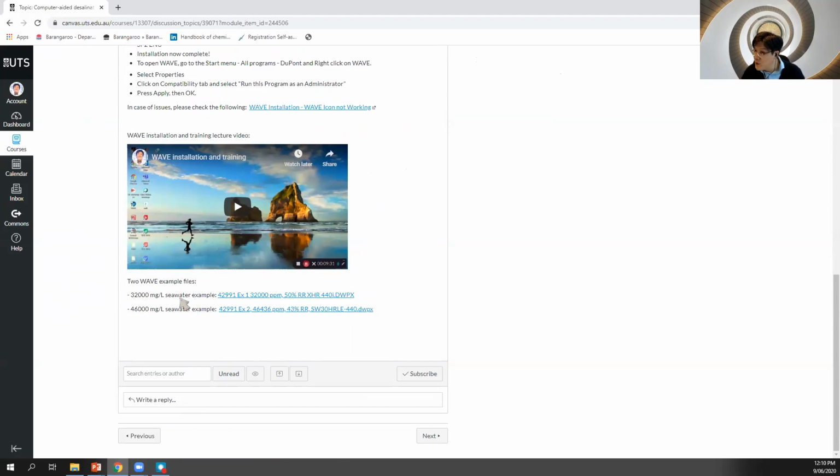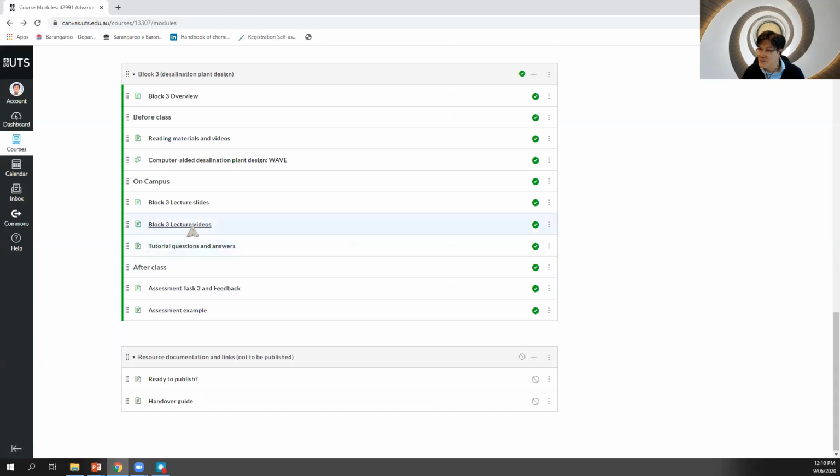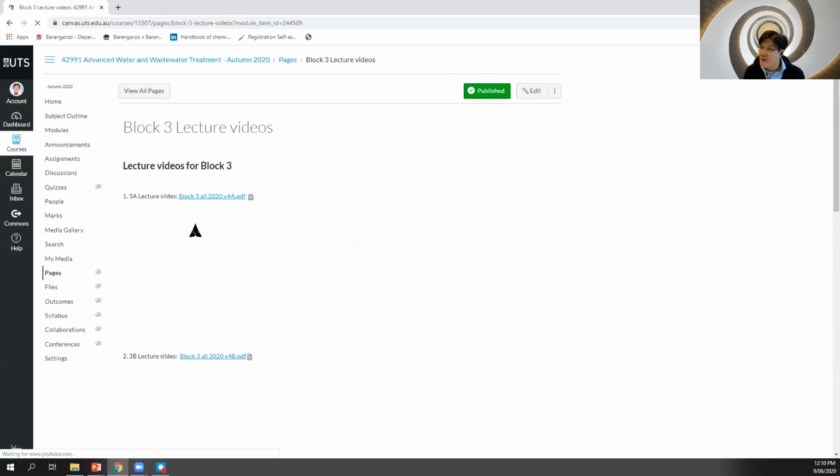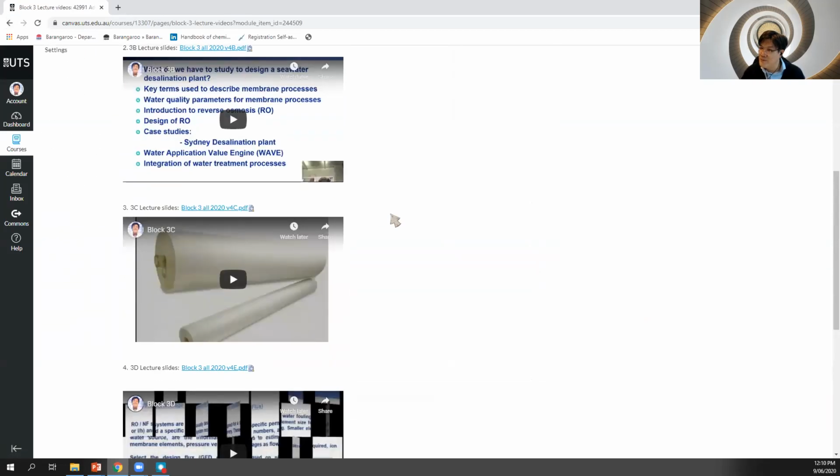Also, I uploaded two examples for WAVE, a very simple one and a little bit more complicated example. So you can just try it, and you will have a better idea how to design your seawater desalination plant.